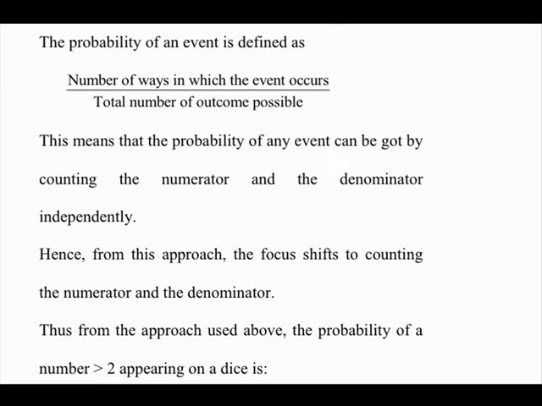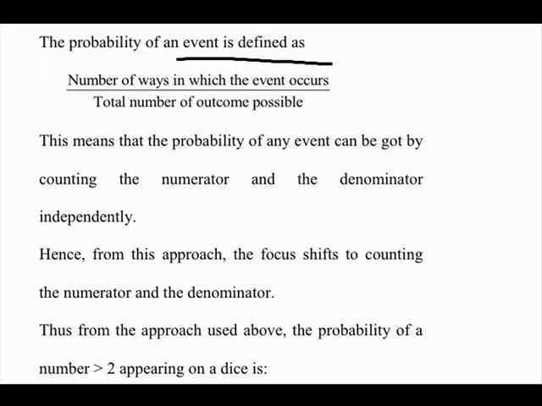I spoke about the easier method of understanding what probability is rather than the textbook method which we covered a while back. The easier method is essentially that the probability of an event is defined as the number of ways in which the event occurs divided by the total number of outcomes possible.